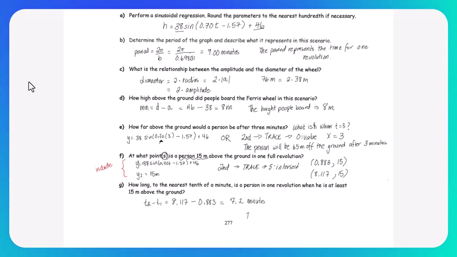So the person is at least 15 meters above the ground for 7.2 minutes. Let's keep going.